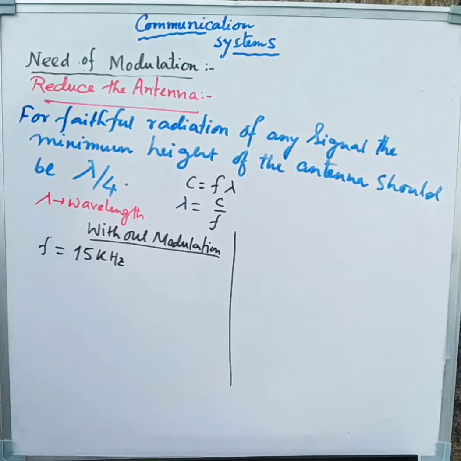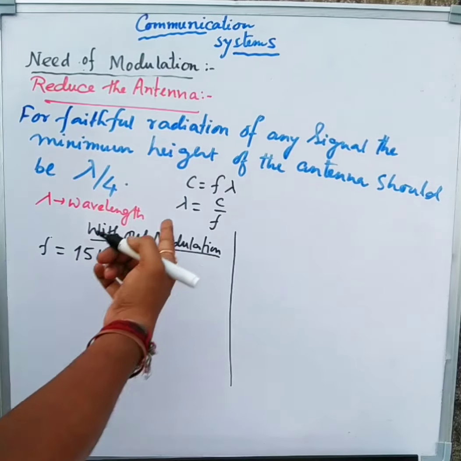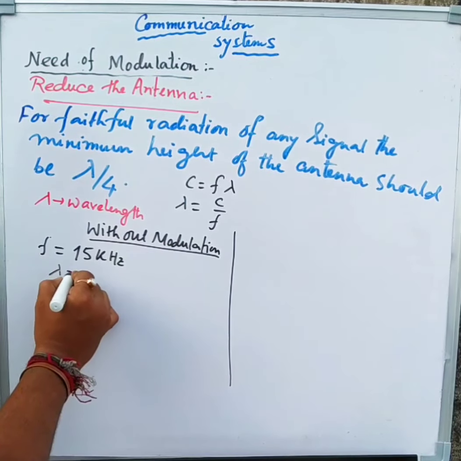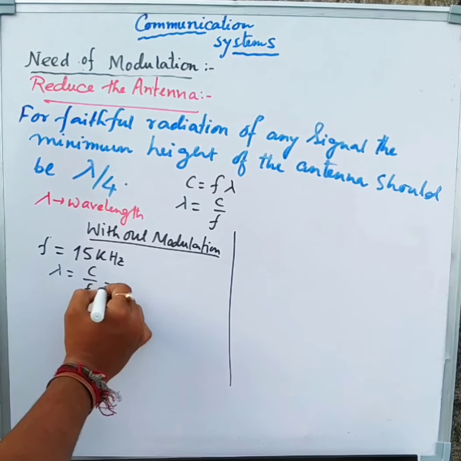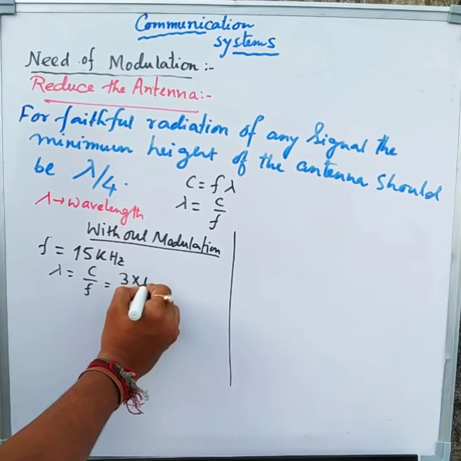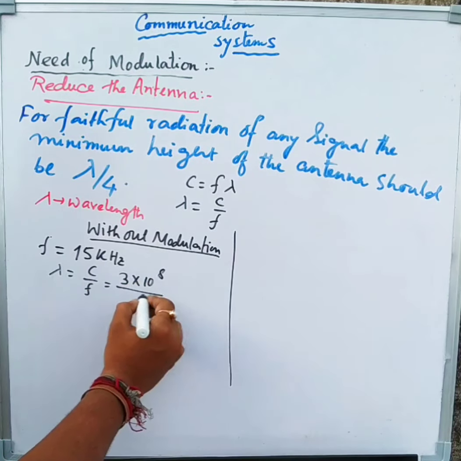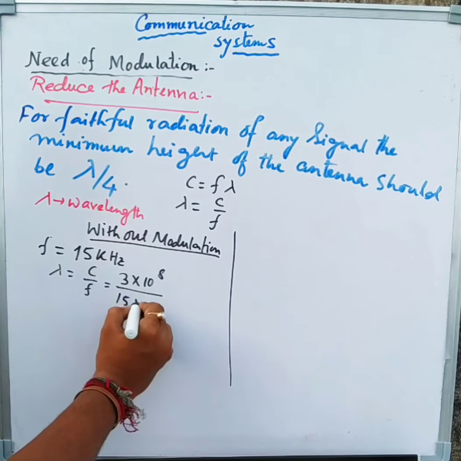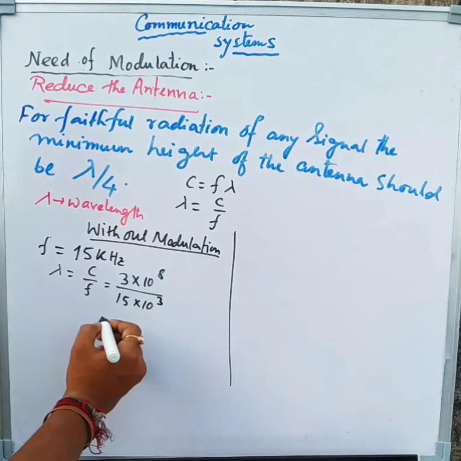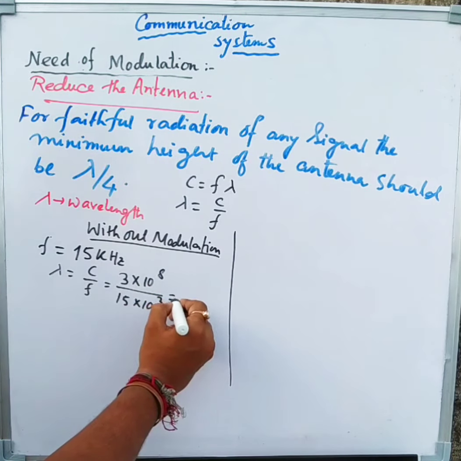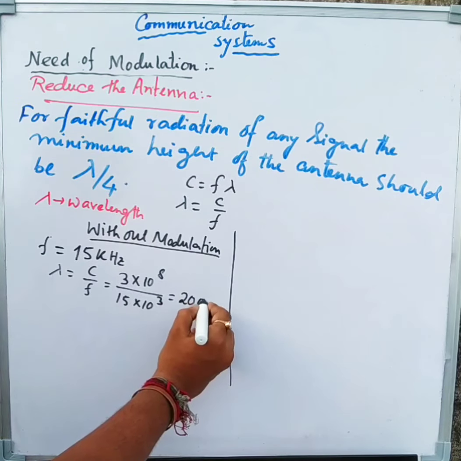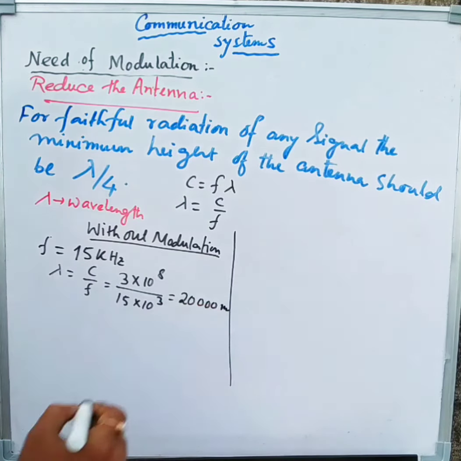Now what is the lambda value? Lambda is nothing but C by f. C is the speed of light, that is 3 into 10 to the power of 8 meter per second, and frequency is 15 kilohertz, that means 15 into 10 to the power 3. If you cancel it, you will get 20,000 meter or 20 kilometer as the wavelength, right?